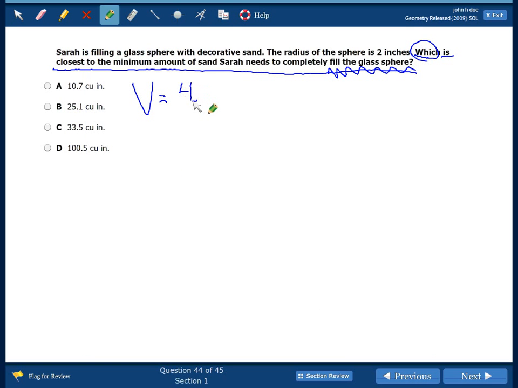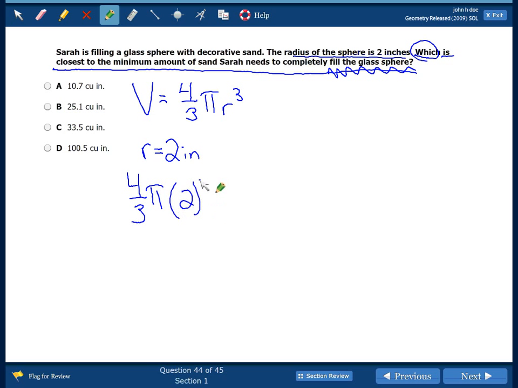So we have 4/3 pi r cubed. The only variable I need is r. The radius of the sphere is 2 inches, so r is 2 inches. Then we just write it out: 4/3 pi times 2 cubed.